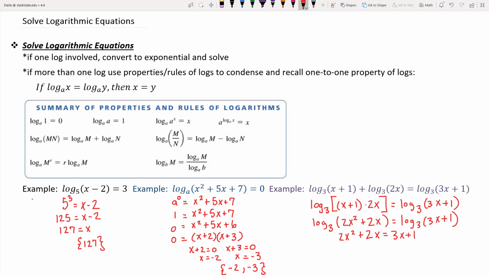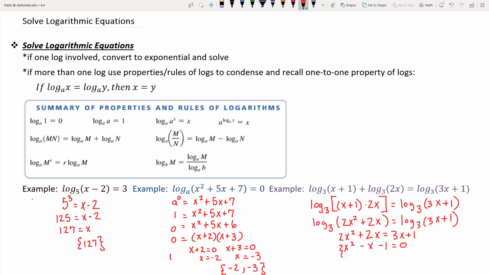Again, you're dealing with a quadratic, so subtract your 3x from both sides, which will give you negative 1x, and subtract your 1 from both sides, will give you minus 1 equals 0. And then go ahead, if you can, and use factoring to help you solve. In this case, we would see that this does factor.